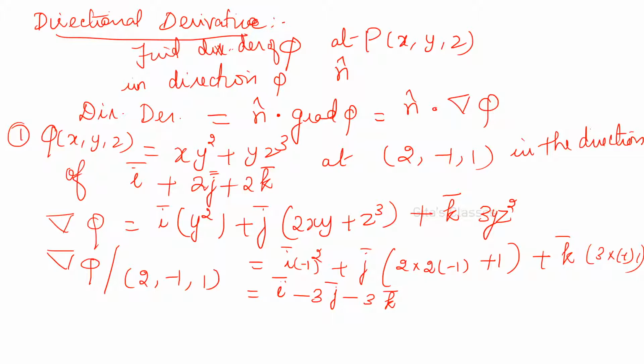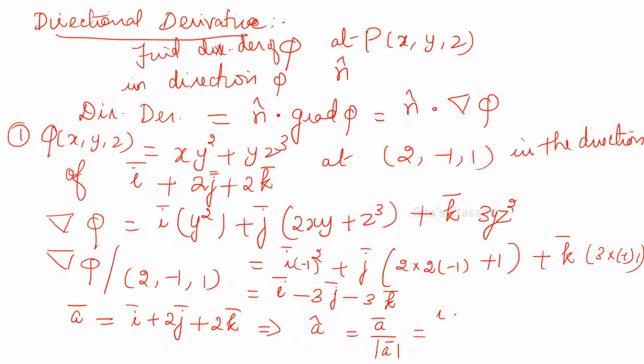Now let us keep it aside. What is the direction given? A bar is another vector, let us take it as A. A bar is i plus 2j plus 2k, which implies A cap is what? Whenever a vector A is given, you should know how to find its unit vector: divided by its norm, modulus.